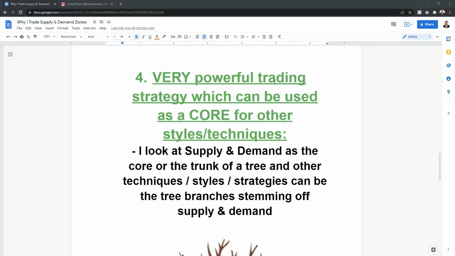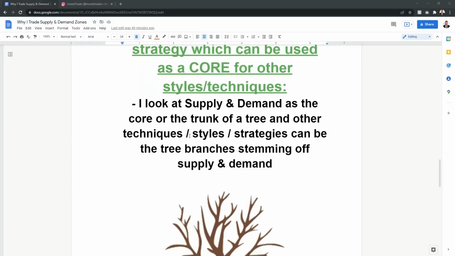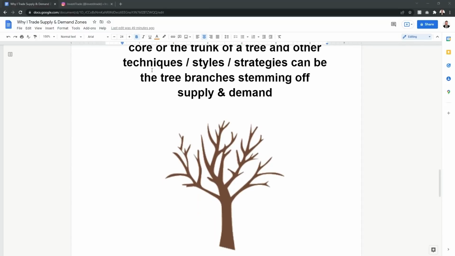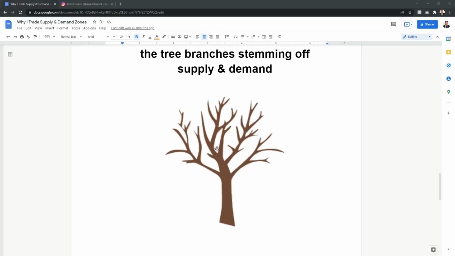Fourth point is very key, because supply and demand is a very powerful trading strategy, which could be used as a core for other styles and techniques. Don't think of supply and demand as a strict sole, I'm only doing this and I'm only going to get that out of it. I look at supply and demand as a core, like a tree trunk, and other techniques or styles could be the tree branches stemming off the tree trunk, which is the core of supply and demand.